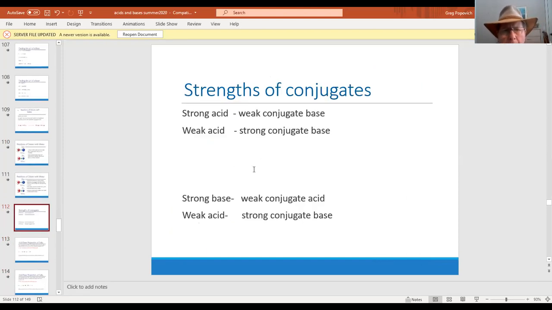Okay. So we have to think about what we're doing when we're making conjugates. Remember, I said strong acid, weak conjugate base. Weak acid makes a strong conjugate base. Strong base, weak conjugate acid. Weak base, strong conjugate acid.